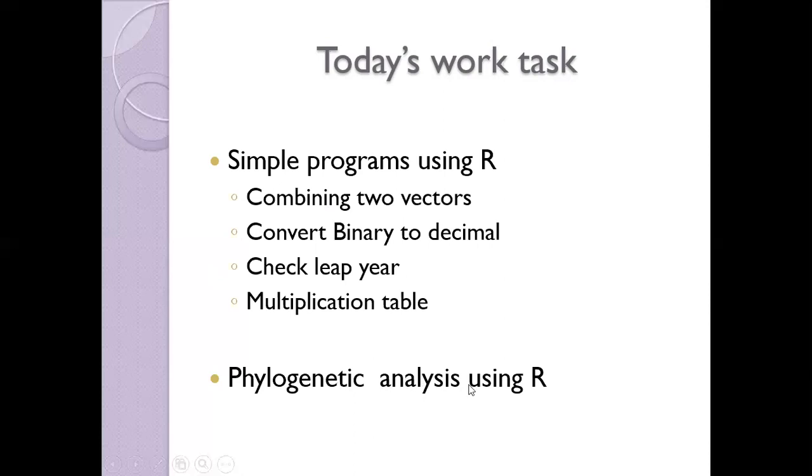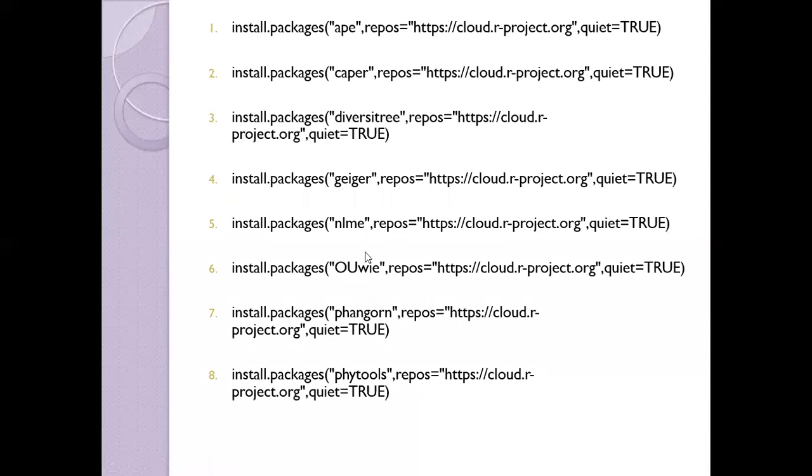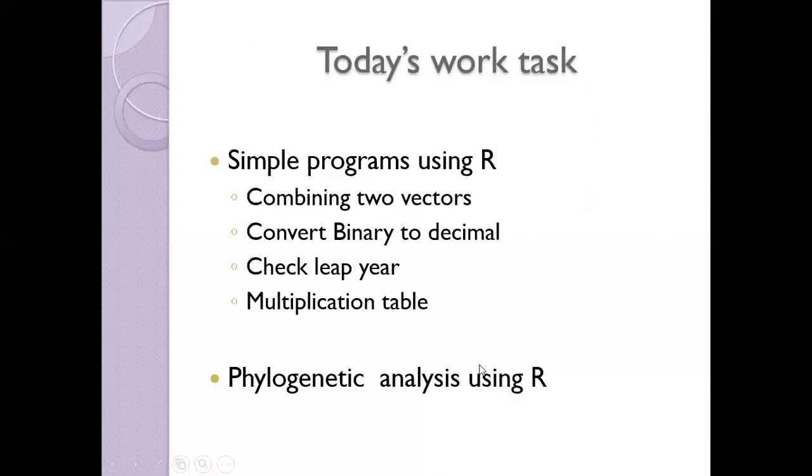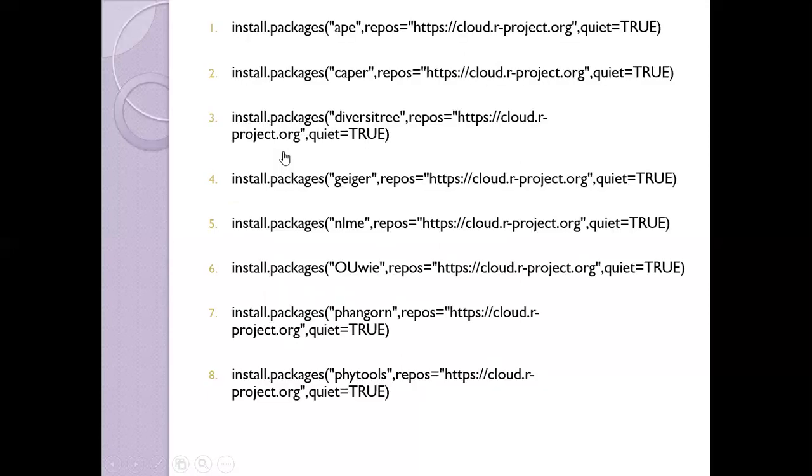So we will also use some functionalities of phylogenetic tree construction in R. For phylogenetic analysis, we have to install some packages like ape, caper, diversitree, geiger, and so on.